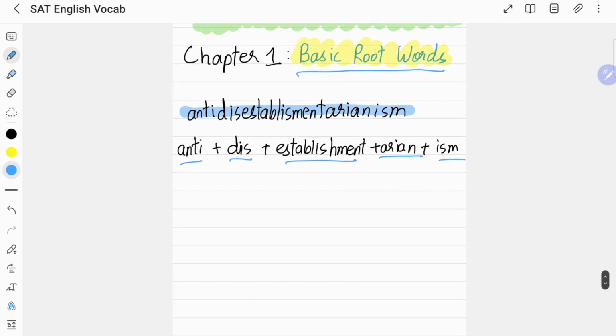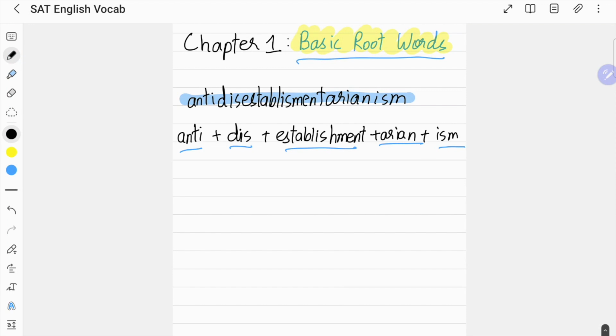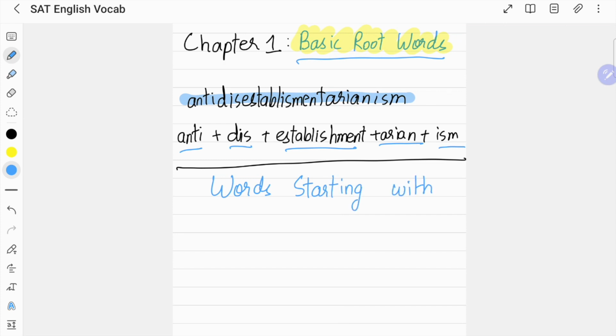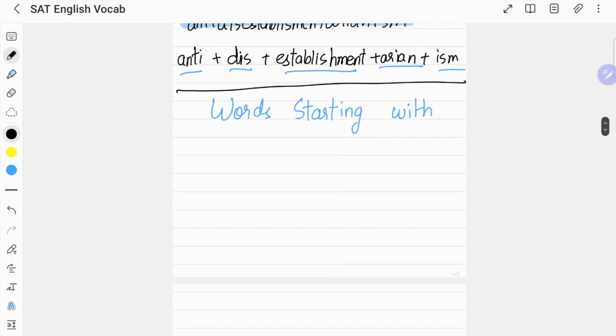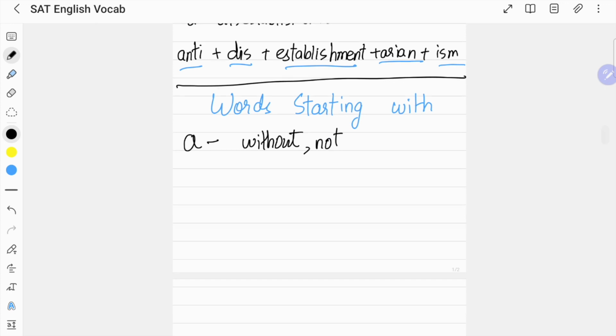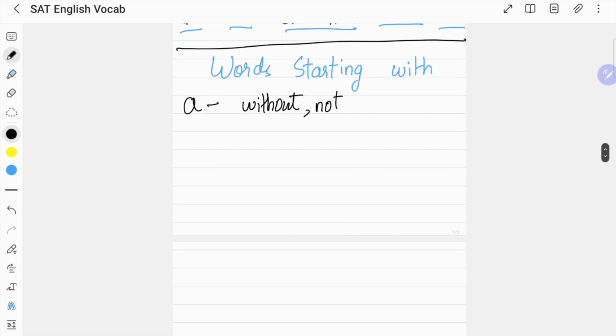Alright. So let's move on to some basic words. Words starting with, I'll just draw a line here, write it with blue. Let's do words starting off with a. It normally means without or not. Let's take an example of this.